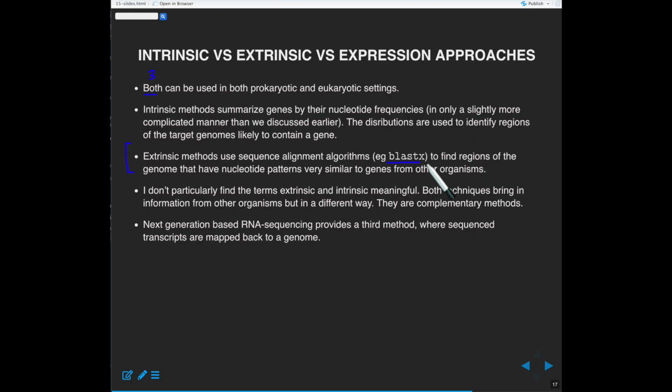So by aligning your transcripts that you've sequenced back to the genome in a smart way, you can find those parts of the genome that are expressed. And that really has benefits above and beyond both the intrinsic and extrinsic methods, because it's almost less of a prediction, right? It's really direct evidence that that part of the genome is expressed. Now, there are also complicating caveats and special situations there, but it's turning out to be a very powerful method. It makes sense, right?